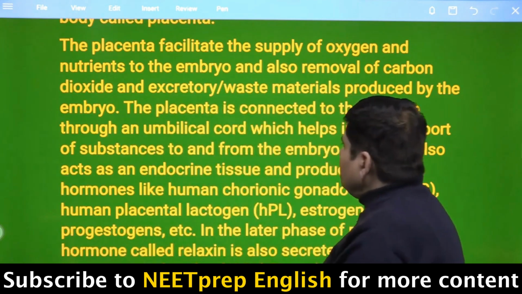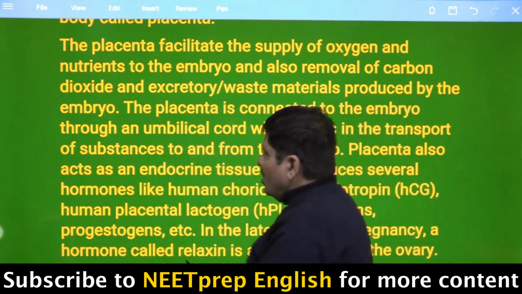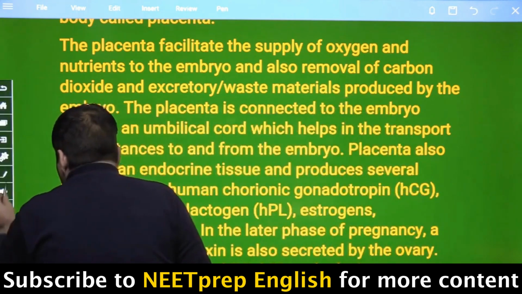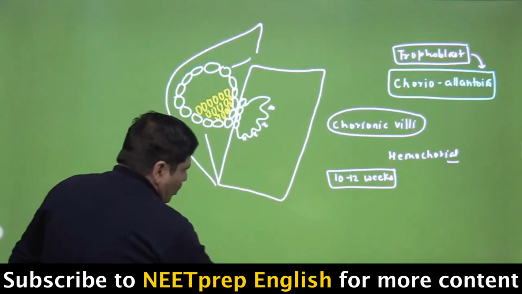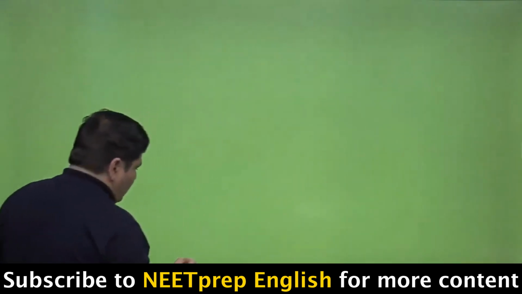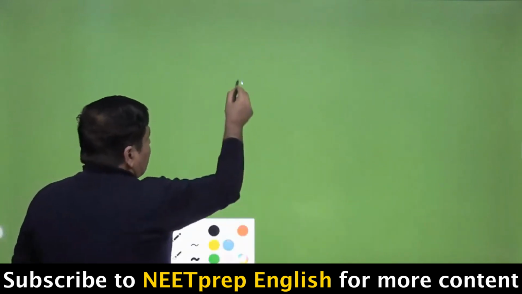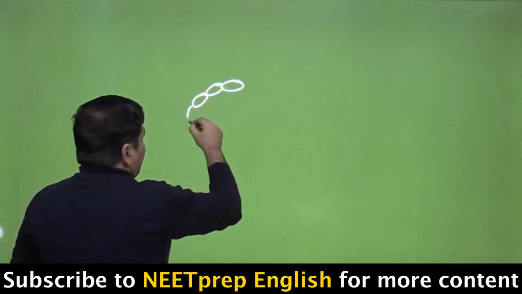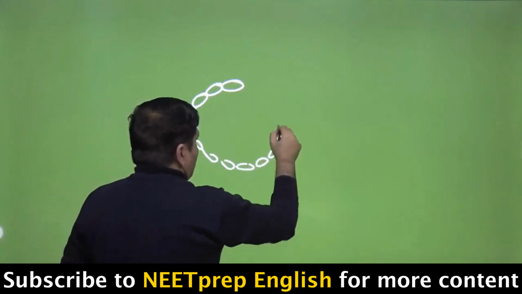And then your NCERT says that it contains what is called as an umbilical cord. So let us look at what exactly is an umbilical cord. So just to redraw this diagram, let us say that this is a developing embryo. This embryo has been implanted on the uterine wall.